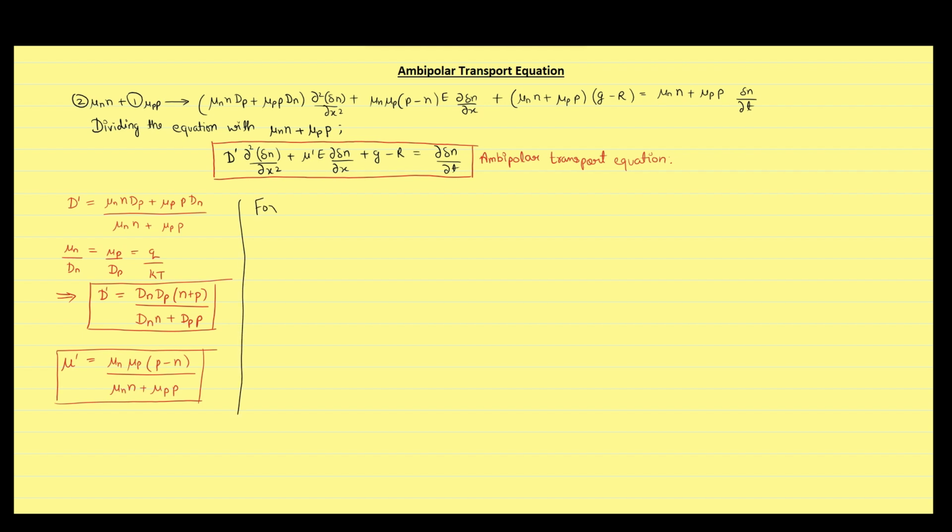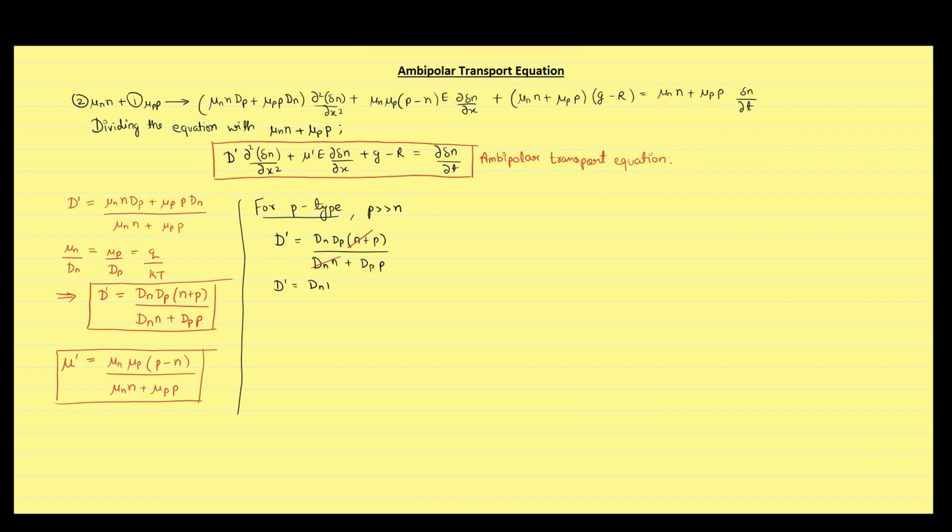Now for a p-type semiconductor, as we know, the hole concentration will be significantly greater than the free electron concentration. Therefore, in the expression for effective diffusion constant, we can ignore the free electron concentration as the hole concentration is significantly greater. Similarly, in the denominator, we can ignore the term containing the free electron concentration. The diffusion constants of free electrons and holes do not vary that much compared to the concentration of charge carriers.